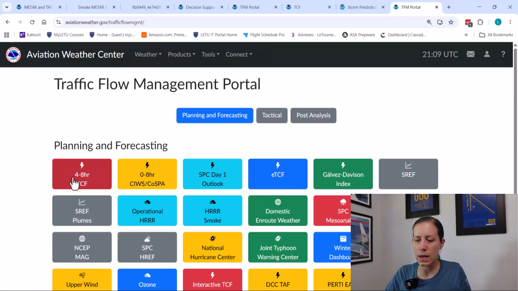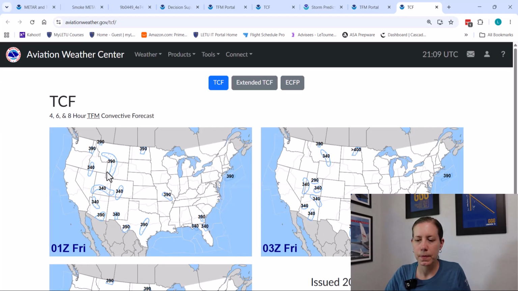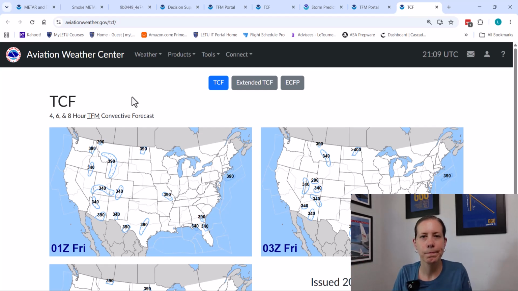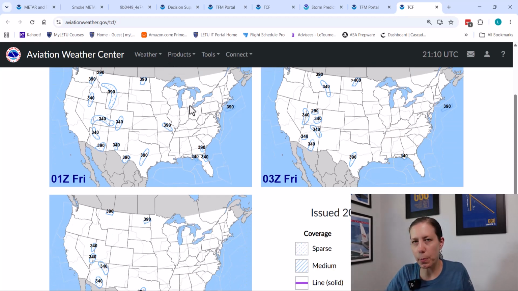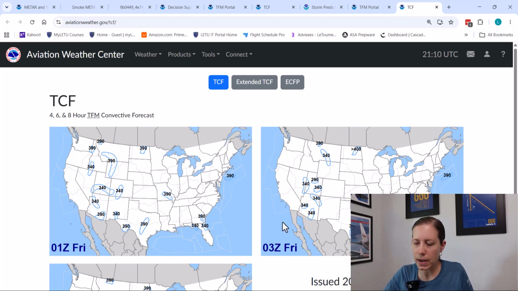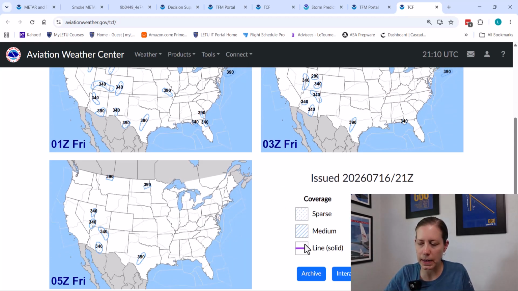Let's take a look at the TCF. What is the TCF? The TCF is the Traffic Flow Management Convective Forecast. It is created for generally ATC purposes. Dispatchers can look at it, but it's basically trying to help air traffic controllers with determining how convective activity may affect operations around the country and how much coverage is expected.